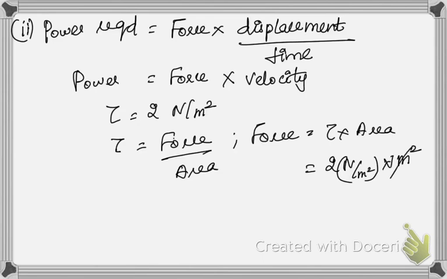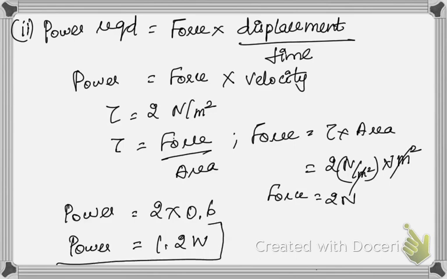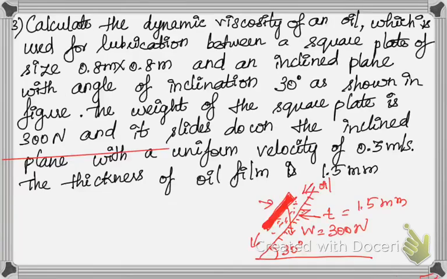So area will be 1, so this will get cancelled. So my force will be 2 Newton. So power is equal to 2 into velocity, which is given in the problem as 60 centimeter per second. While converting, I'll be writing in meter, which is 0.6, and generally we'll be denoting our power as watt. So 1.2 watt. So we have completed the second part of the problem.